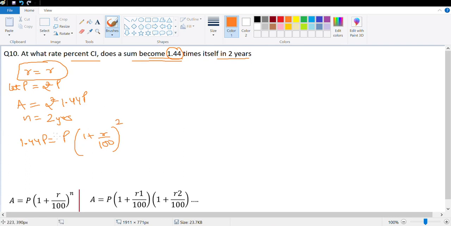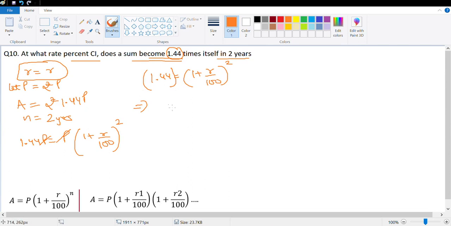Dividing both sides by P, what I get is 1.44 is equal to 1 plus r upon 100 raised to the power 2. Now, on the left hand side, I need to have a number with a power 2 so that I could take square root of both sides. So let's see if I can write 1.44 as something to the power 2.